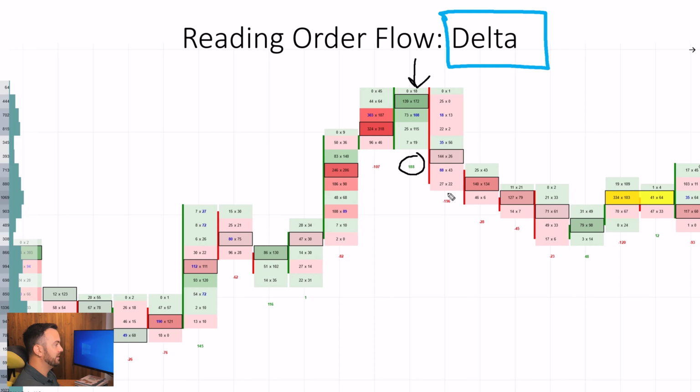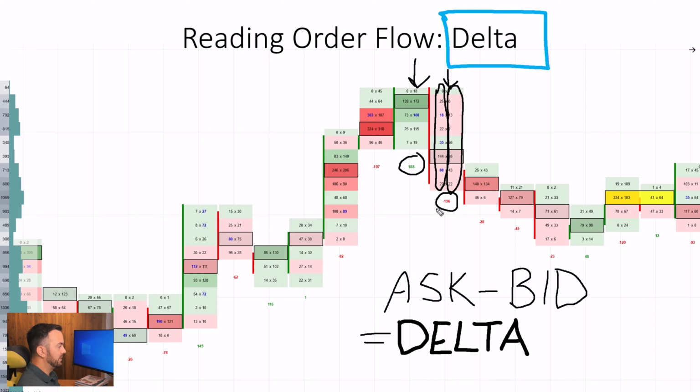If delta is negative, like in here, then in this footprint, it means that sellers were in control, right? Delta is ask, that's the sum of those volumes, minus bid. That's the sum of those volumes.